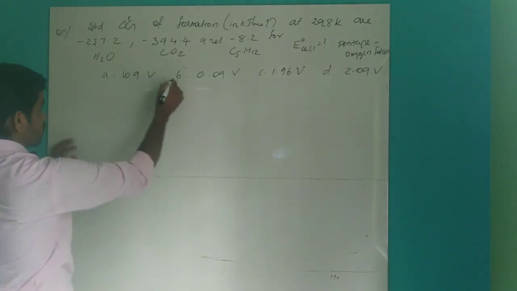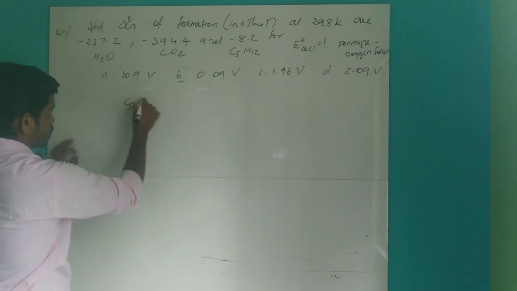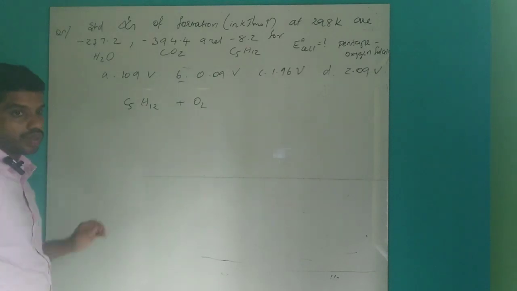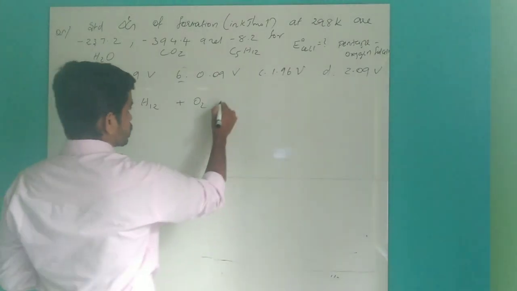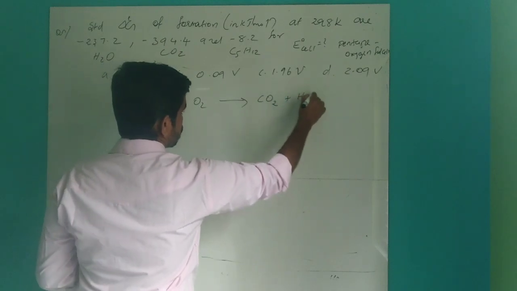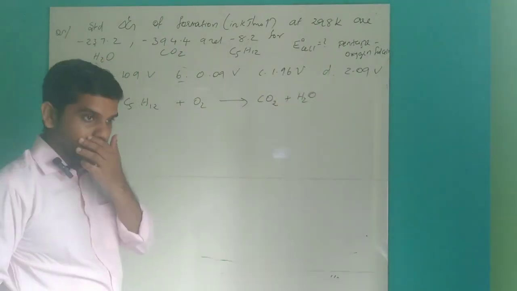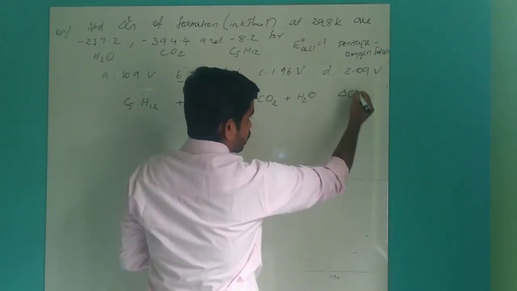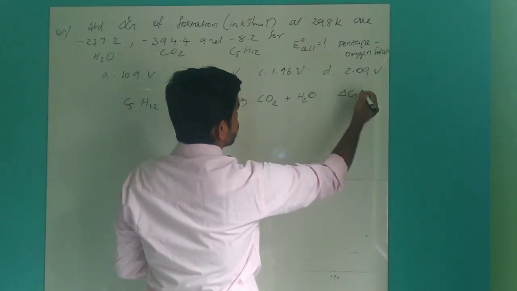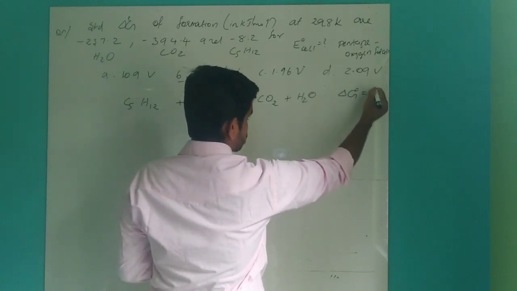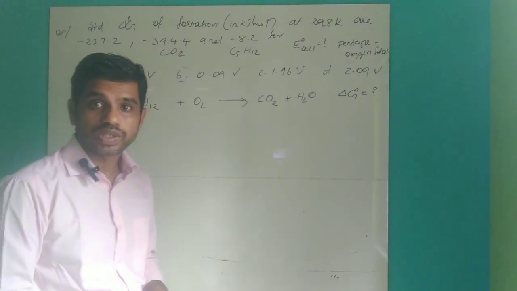So first you write that equation: pentane C5H12 plus oxygen, so reacting with oxygen gives the products carbon dioxide and water. Okay, carbon dioxide and water. Then standard free energy of this reaction you have to find out in kilojoules.